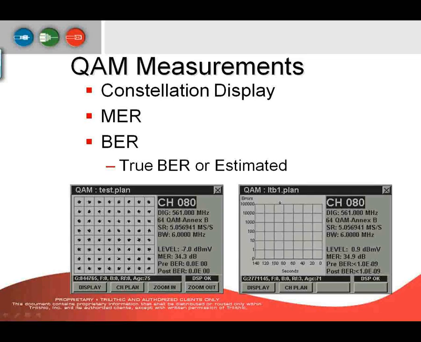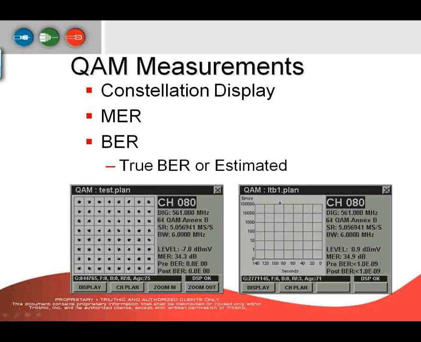The ideal or nominal location for a given symbol state is the center of the box. That's that tight cluster of dots that we've been talking about. The boundary between neighboring boxes, like what was mentioned, is the decision threshold.